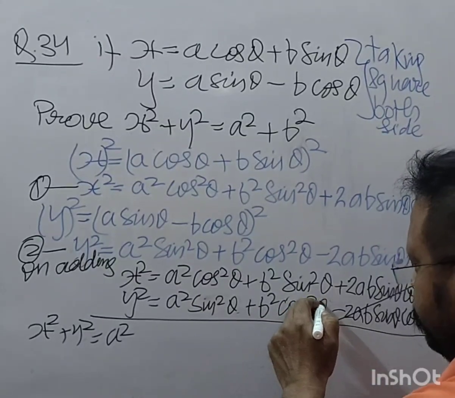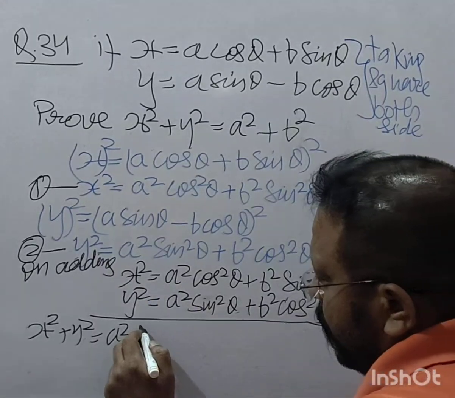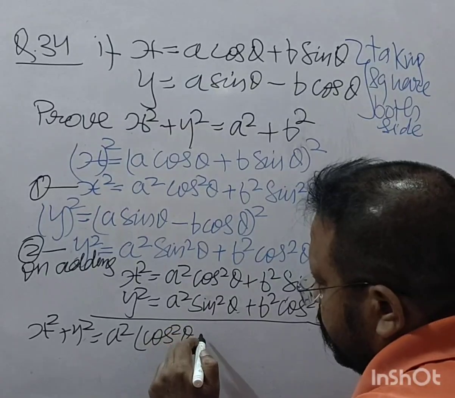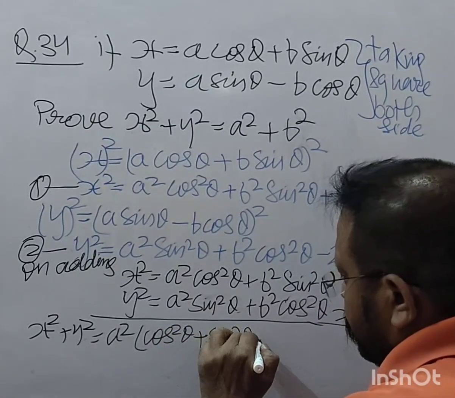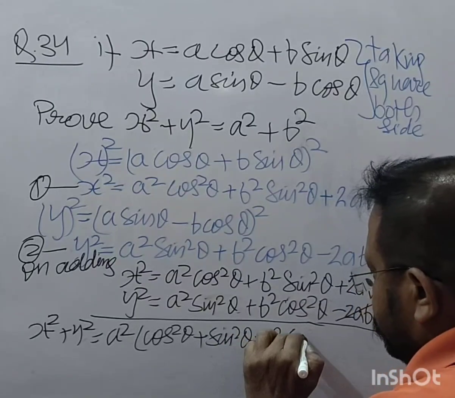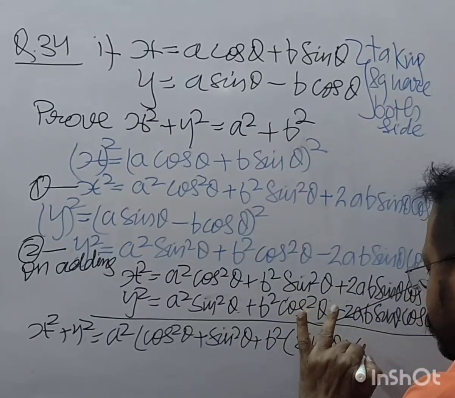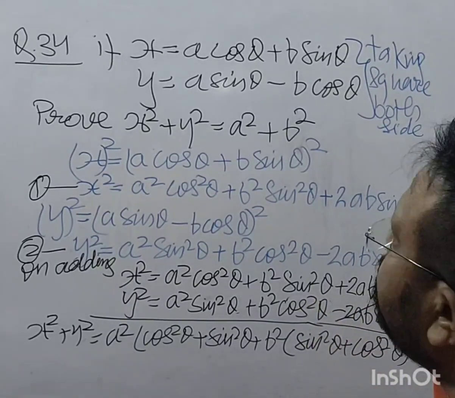So a square times cos square theta plus sin square theta, plus b square times sin square theta plus cos square theta, right?